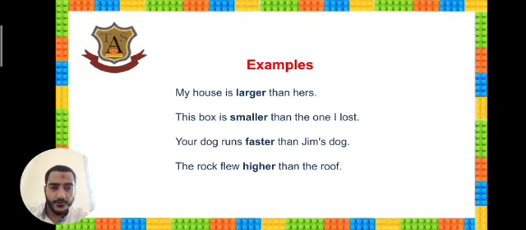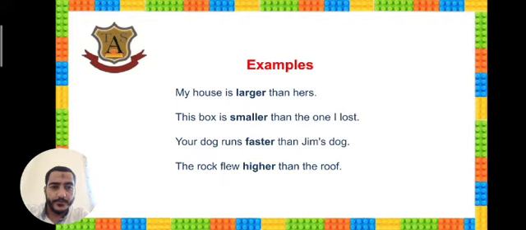We have one vowel, so it's one syllable. We just added er to it because it's a one syllable adjective. The rock flew higher than the roof. Don't forget to add er then the word than, because it's a comparison.